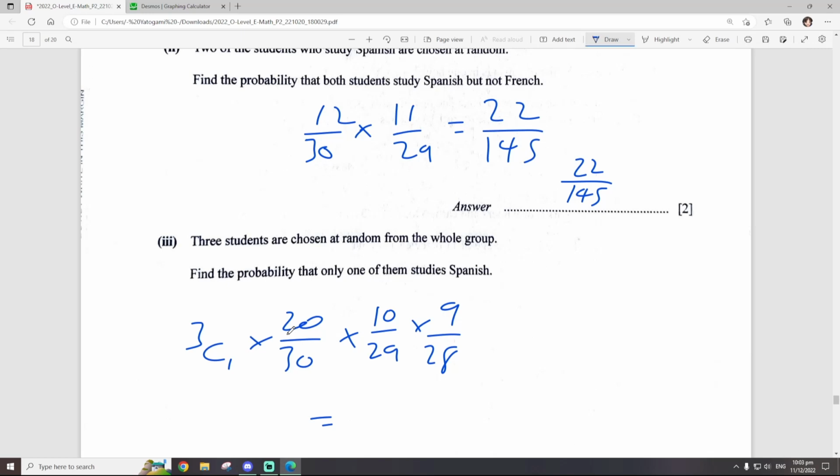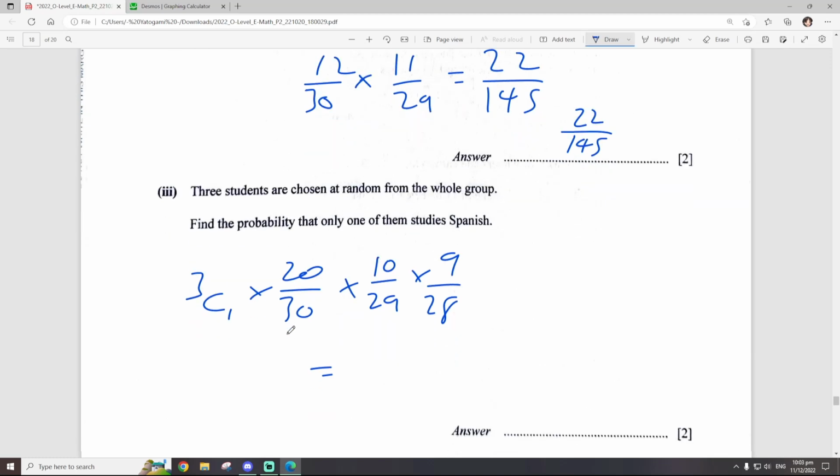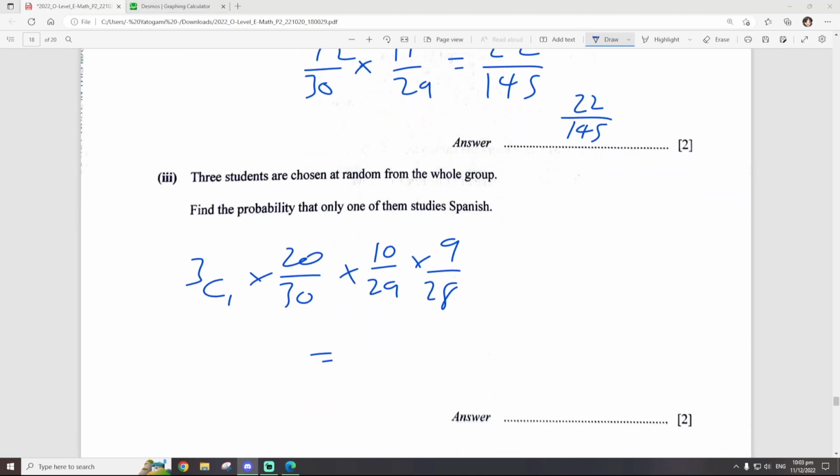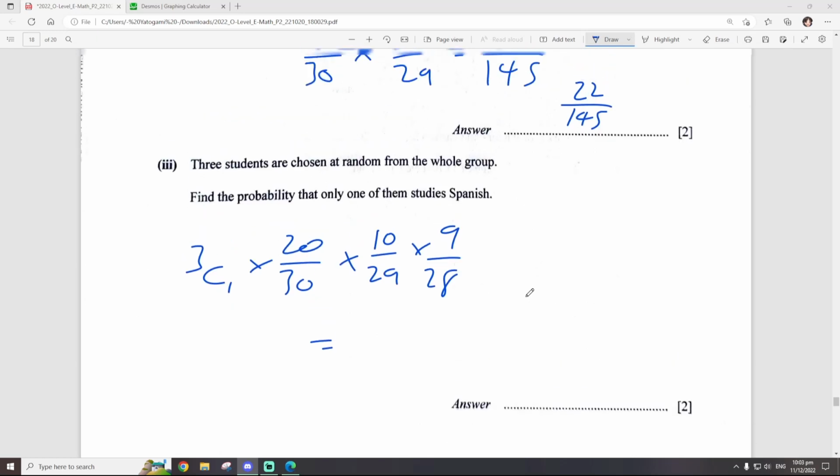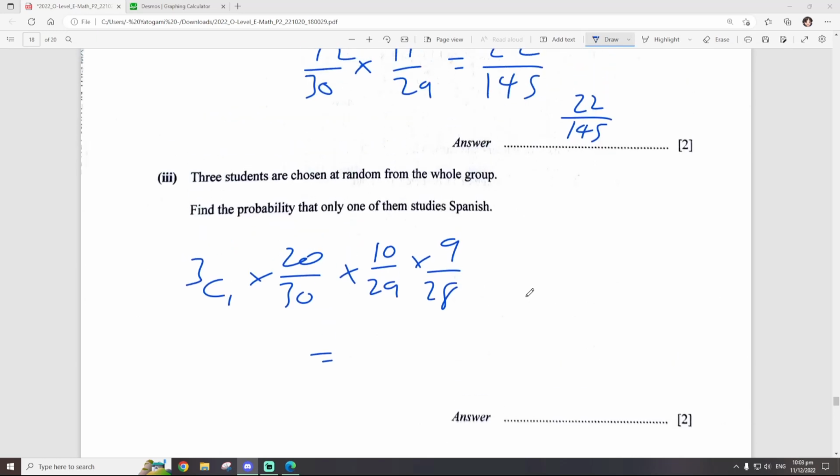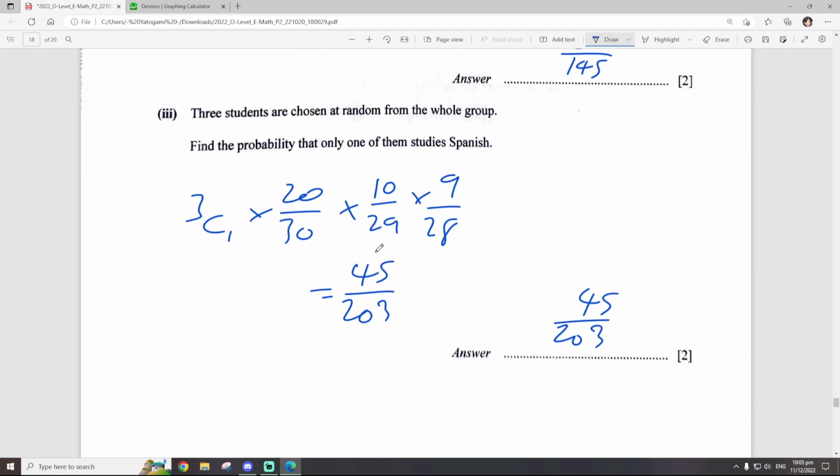Oh, okay, no wonder. Yes, 1545 divided by 203. It's a very weird number, but yes, this is the answer. I didn't know that you have to use the 3 choose 1 in eMath. It's quite a surprise to me.